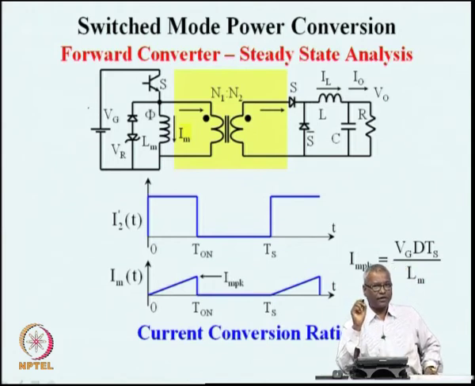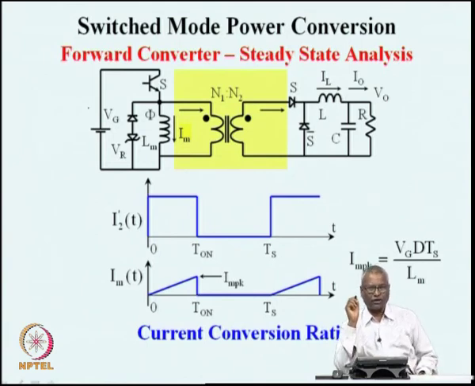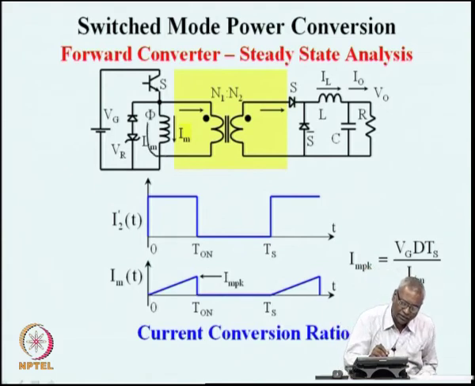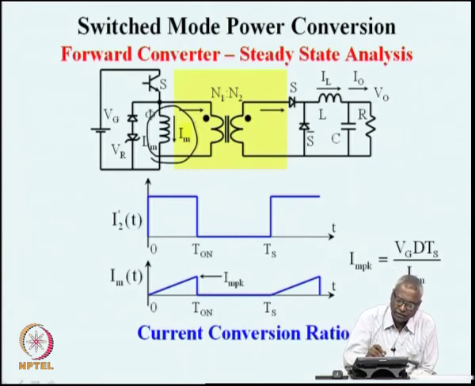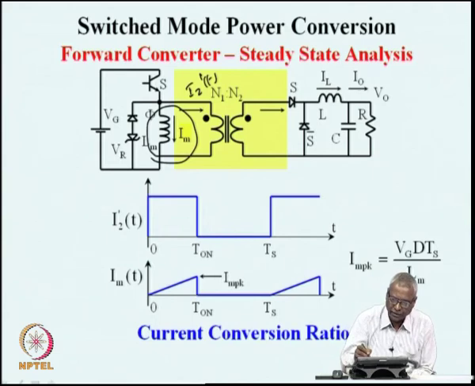But we had not had a converter which had a shunt non-ideality. Forward converter is the first converter which we come across which has a shunt non-ideality, which is IM. On account of that, this I2 dash will be the same. I2 dash is the secondary current, I1 dash is the primary current, or the I0.